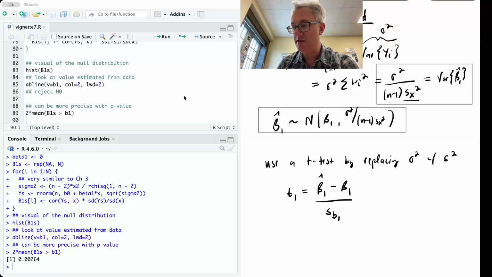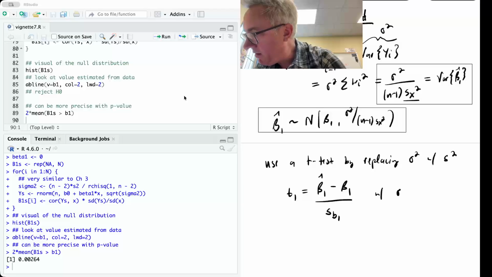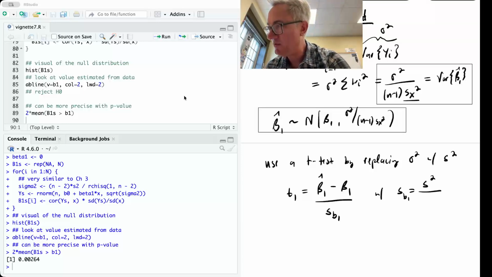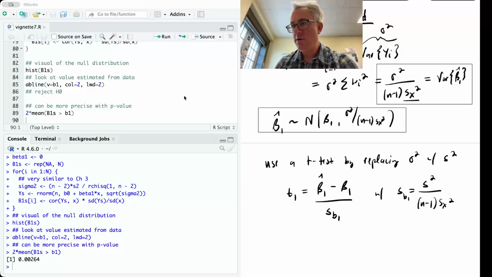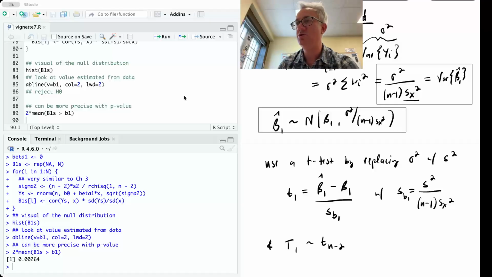The form of the test is estimate minus what you want to know, divided by standard error, where the standard error is the same as the formula for the variance above, but with sigma squared replaced by s squared. And this t-statistic will have a t-distribution with n minus 2 degrees of freedom. So we can use that to do a t-test.